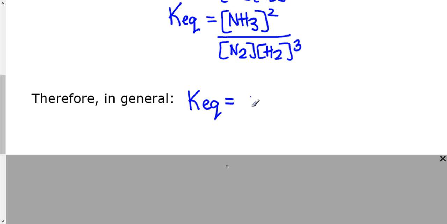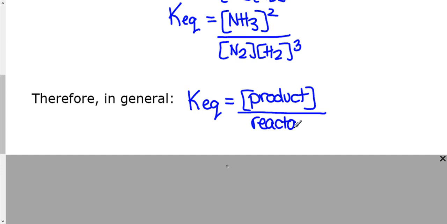Remember, ammonia was the product. So your product concentration on the top, and on the bottom, you're going to have all of your reactant concentration. We always look at it in the forward direction. So these are our forward direction reactants, and this is our forward direction product.